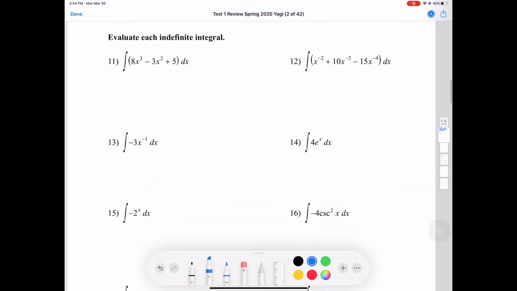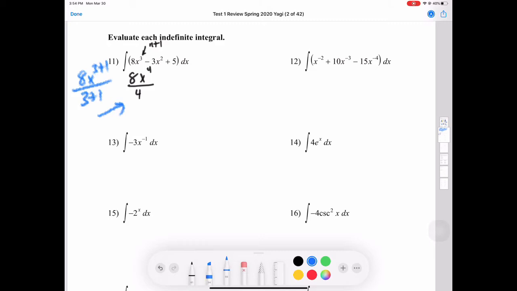Now we're going to take some indefinite integrals. Some fast rules here: since that's a power, that's n plus 1. So it's going to be 8x to the 4, because 3 plus 1 is 4, over 3 plus 1, which is 4. That's our power rule.